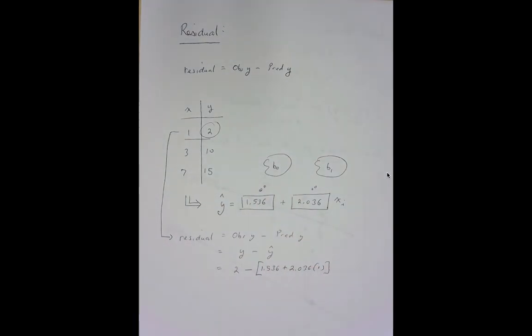So put that into your calculator very quickly. We get 2 minus (1.536 plus 2.036 times 1), and we get negative 1.572.